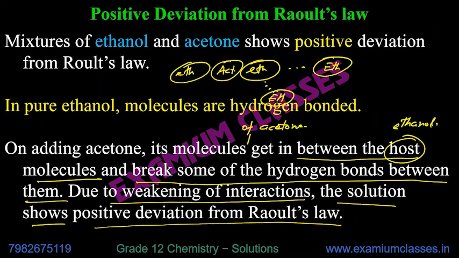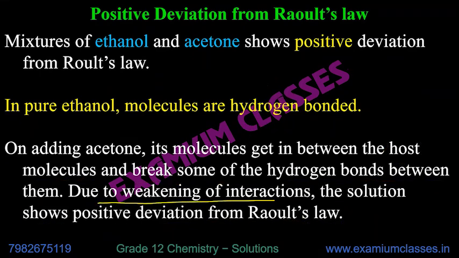That's why the resultant molecules are not so strongly bonded. They can get evaporated easily as compared to the individual liquids. Greater vapors will be available, greater vapor pressure, positive deviation. Ethanol and acetone, example.